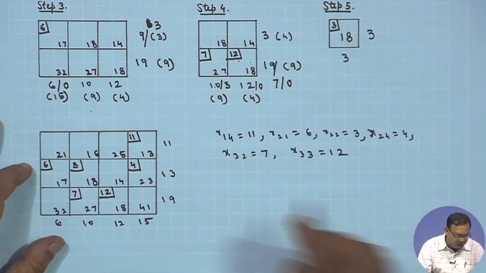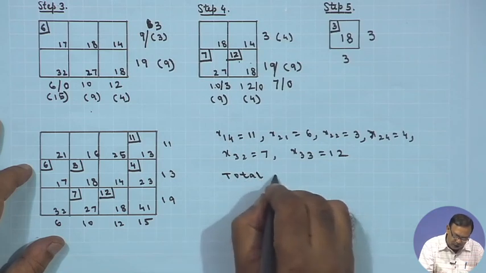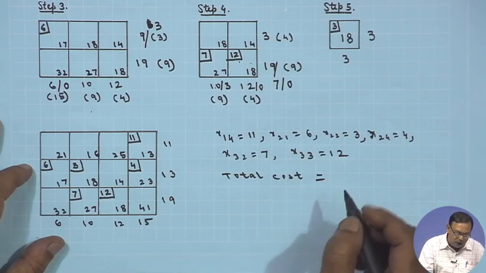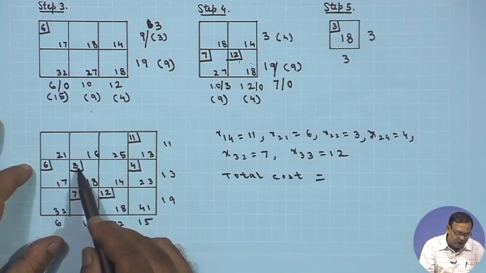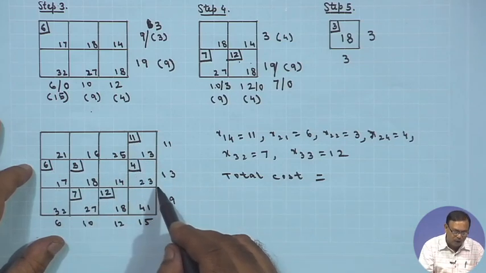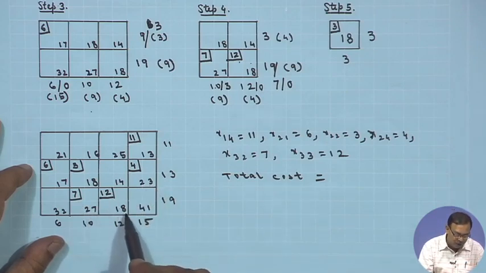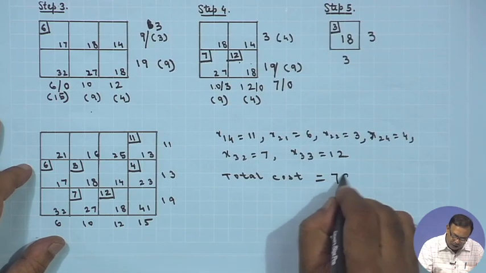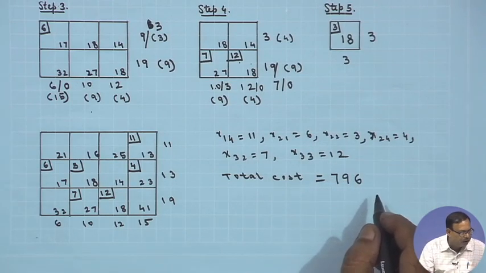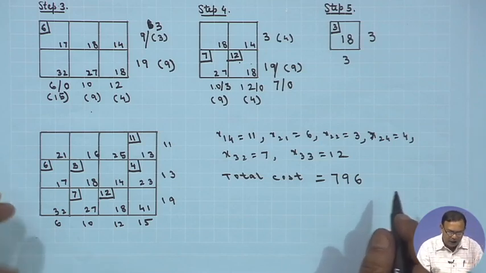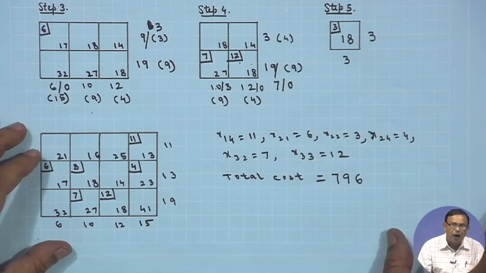This is the allocation, and the total cost, if you calculate, as you know, the cost in the occupied cells, that is 11 into 13 plus 6 into 17 plus 3 into 18 plus 4 into 23 plus 7 into 27 plus 12 into 18. The value will be, if you just check, 796, and it is reduced compared to the earlier case.